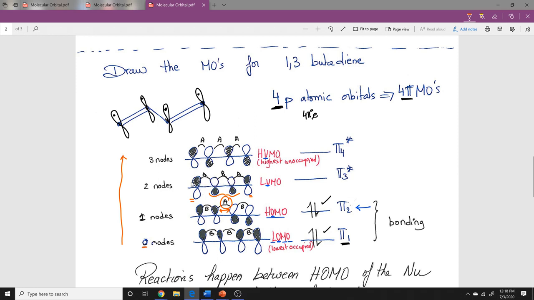And then the p orbitals on the edges are going to be different shades than the ones in the center, so that I can have my 2 nodes in there. And in the highest unoccupied molecular orbital, there is no bonding between any of these p orbitals. So basically you have 3 anti-bonding states in there. This is one interaction, 1, 2, and 3, so you're going to end up having 3 nodes.